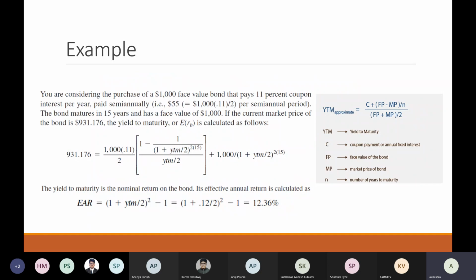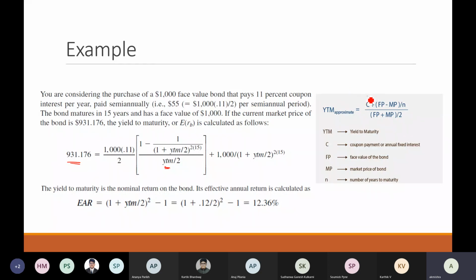So if you want a very precise answer, it is always better to go for the trial and error method and get some value of YTM such that when you calculate the right hand side, it equates to 931.176. So this is how you can go for approximation.